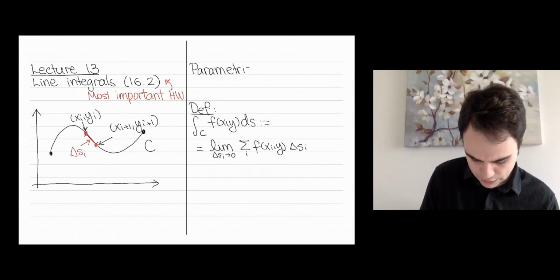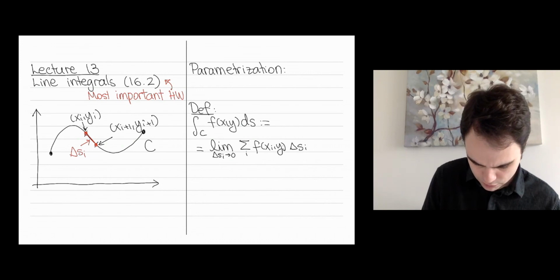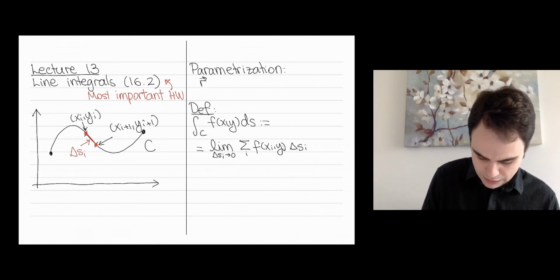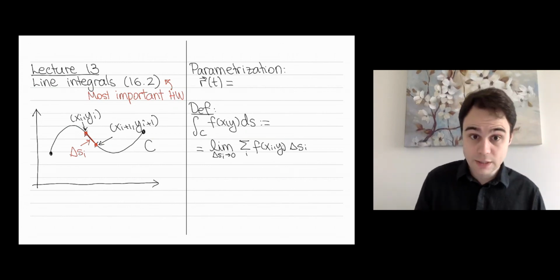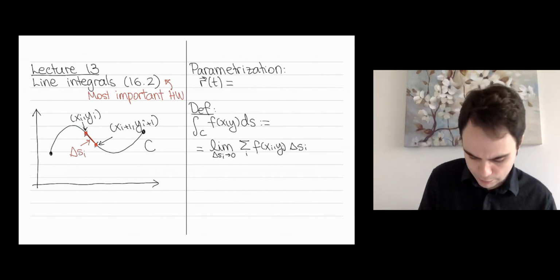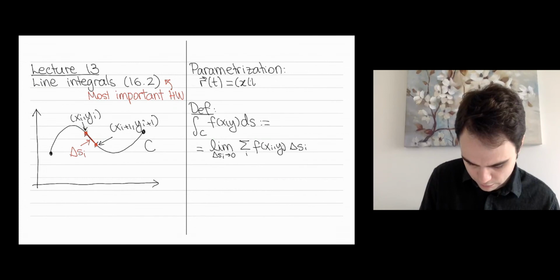Let's say we have a parameterization of the curve. This means that I'm going to have a formula for points in the curve in terms of a single parameter t.